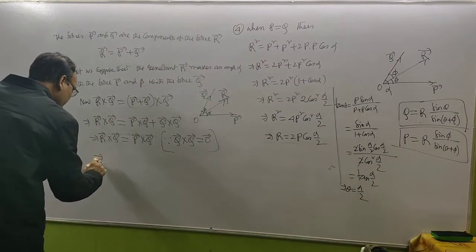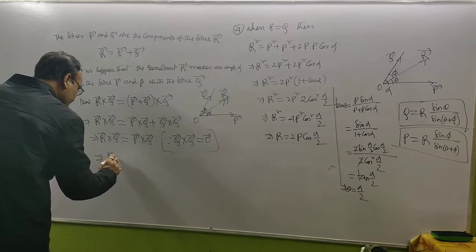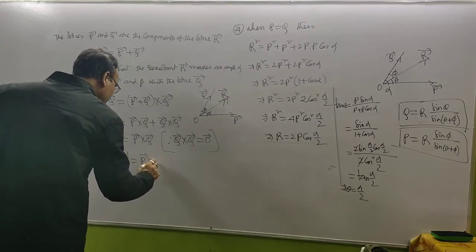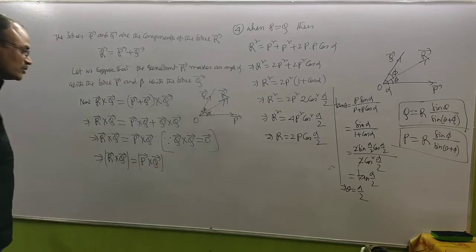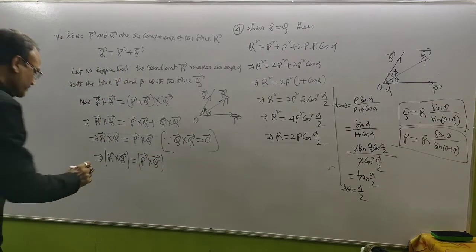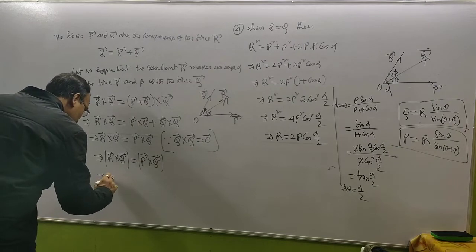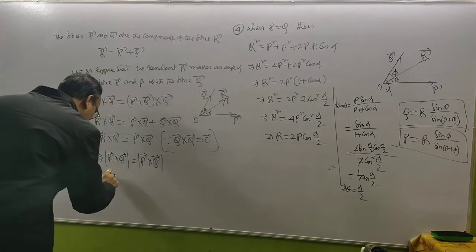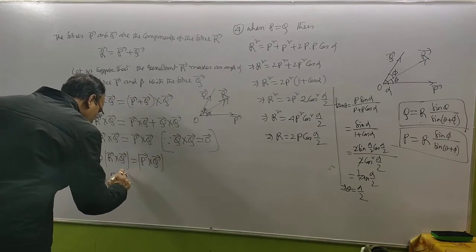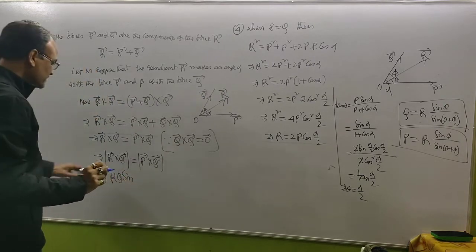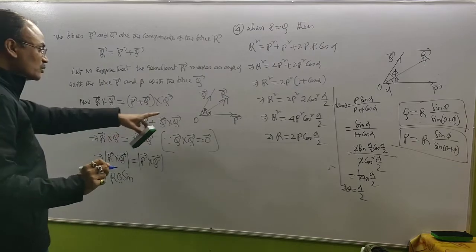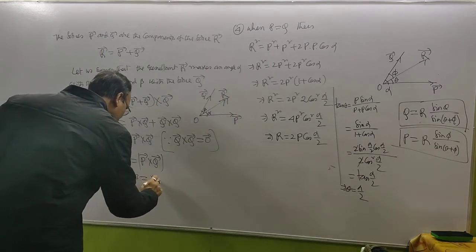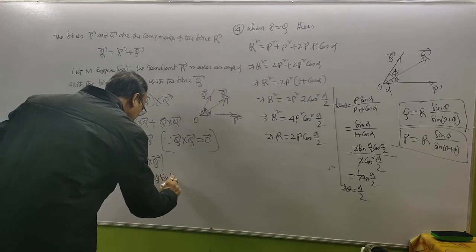Therefore, the magnitude of this should be equal to the magnitude of this. This means R Q sine of the angle between R and Q, which is beta, equals P Q sine of alpha plus beta.